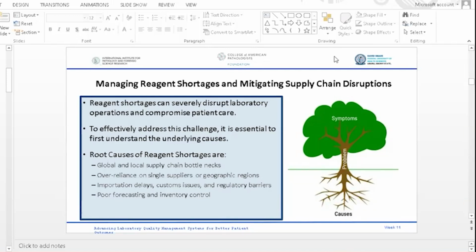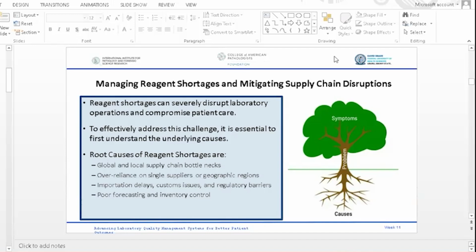And remember the lecture we had last time on risk-based approach to process optimization. During that lecture, we mentioned use of root cause analysis, and that is the same root cause analysis that you will apply in understanding what leads to reagent shortages in the laboratory.